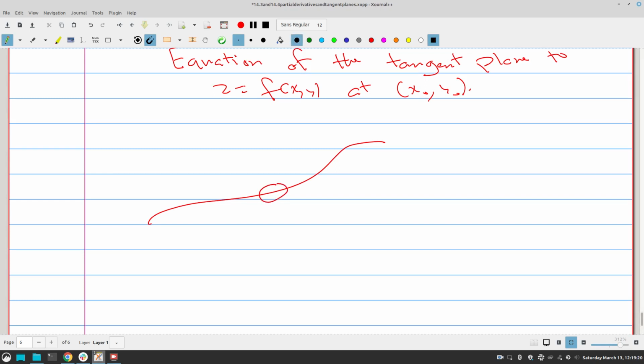Zooming into a curve makes it look like a line. Now, what does zooming into a surface make it look like?